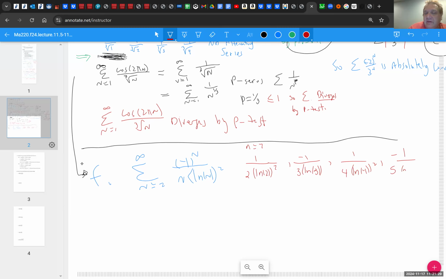It wasn't that much of a mystery whether it alternated or not because it had that negative 1 to the n on top, which is kind of a dead giveaway that we're going to be alternating back and forth. Okay, so we know it's alternating.